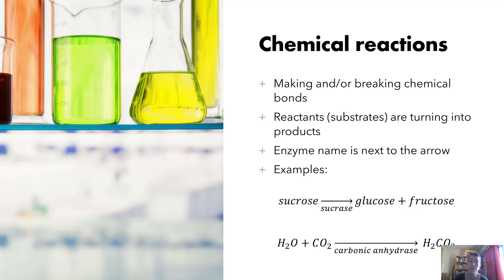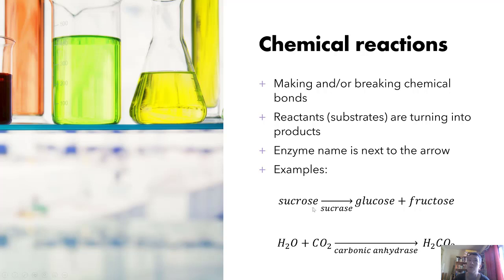When we write the name of a chemical reaction, we use an arrow to indicate the change that's occurring. Before the arrow, you will have the name of the substrate or reactant, and after the arrow, you'll have the name of the product. Next to the arrow, there will often be the name of an enzyme that catalyzes that particular reaction. So here are a couple of examples.